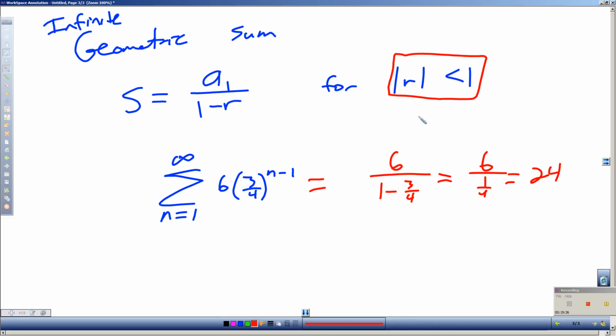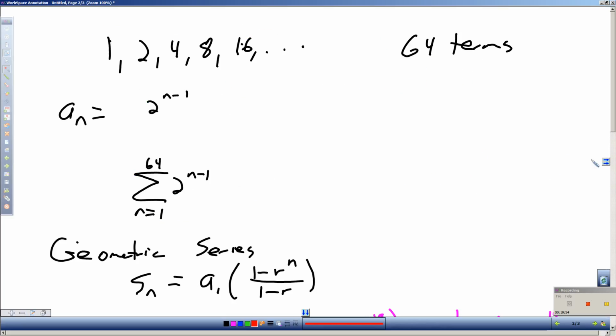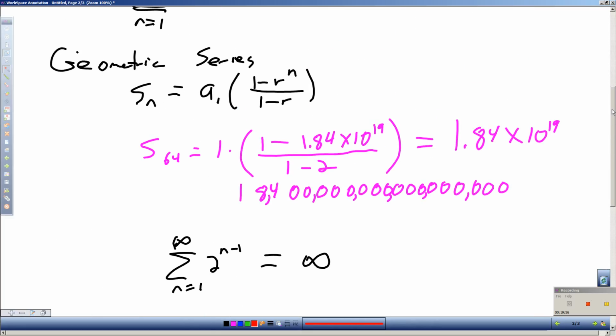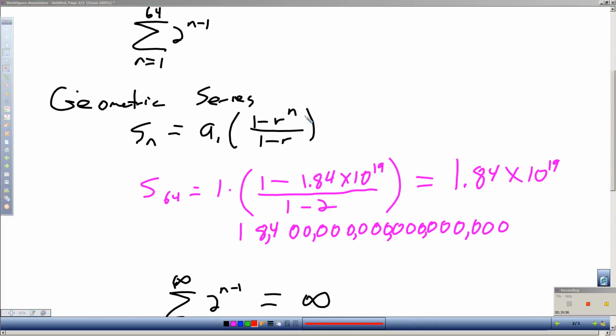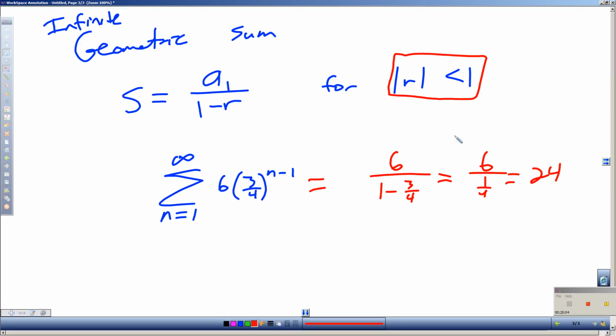So is the other one good for anything? Yes, this is for if we want infinite terms. Because if, for example, I said negative 3/4 here, it's still fine, because the absolute value is still less than one.